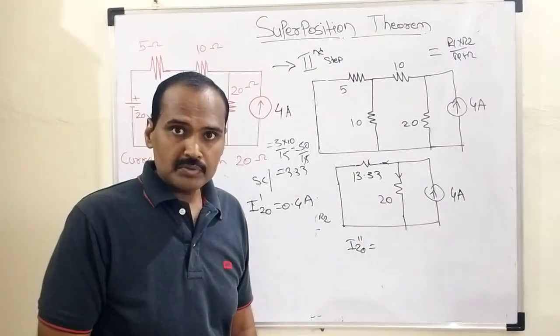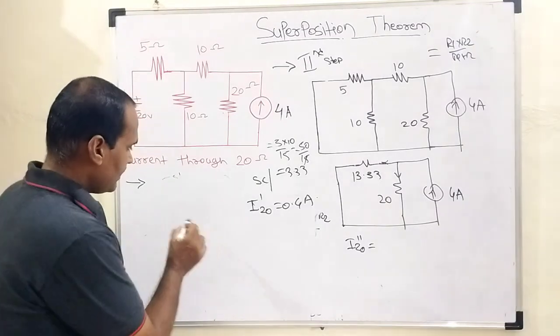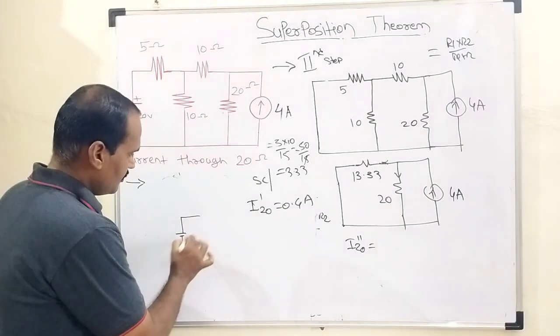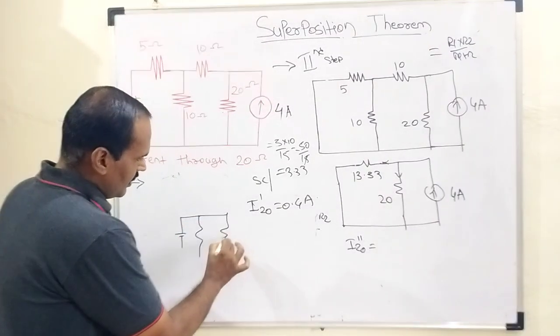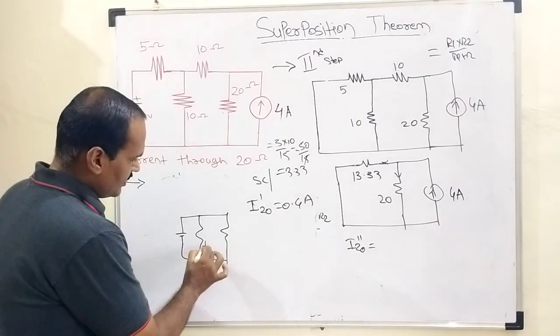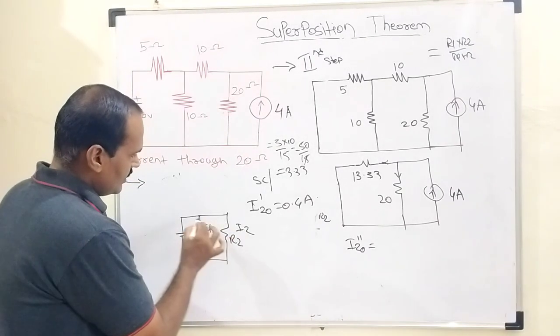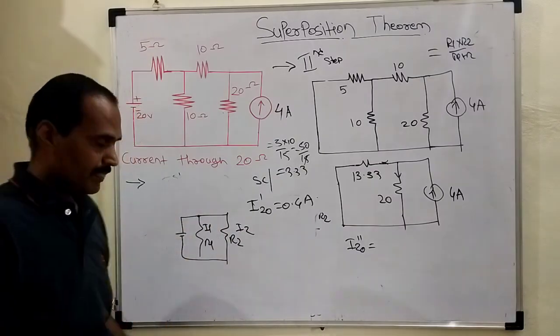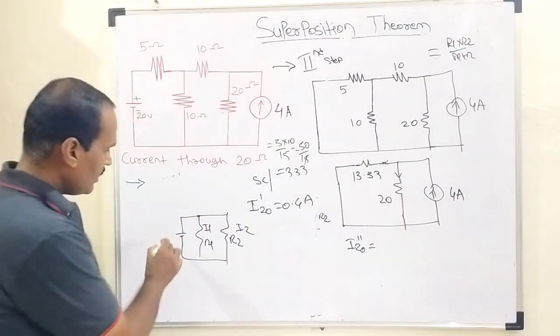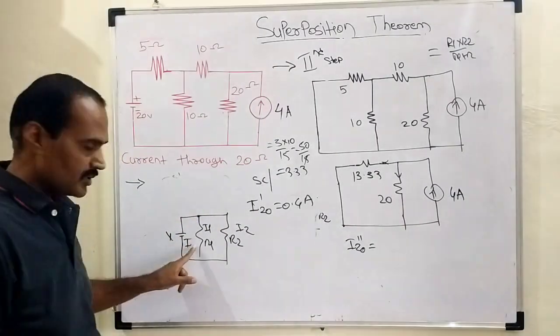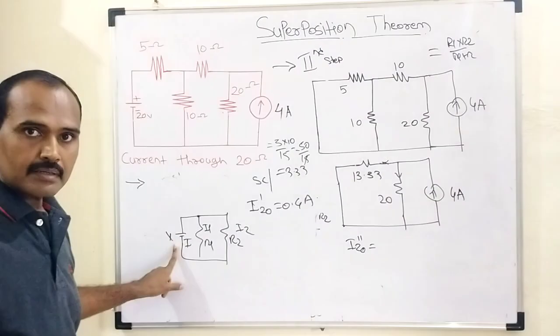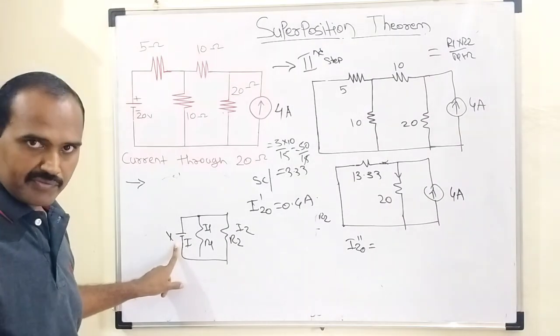According to this current division rule, whenever we have such a network, this is the voltage source and these two resistors are connected in shunt form. This is R1 and R2, and these are I1 and I2. The same concept is used here. Here capital I is the total current due to this battery of V volts.